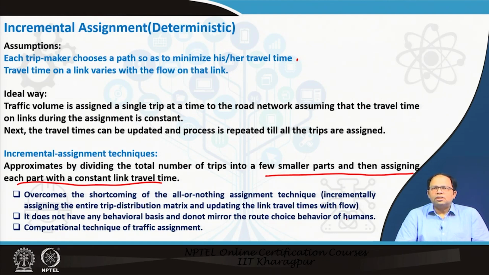But as such, there is no behavioral basis that has been considered. That means individuals haven't been given a route choice based on certain other characteristics that they would have evaluated. So this is a computational technique of traffic assignment. So this has got no behavioral basis, but at the same time, this is a technique which actually assigns traffic to different paths instead of just a single path as in all or nothing assignment.